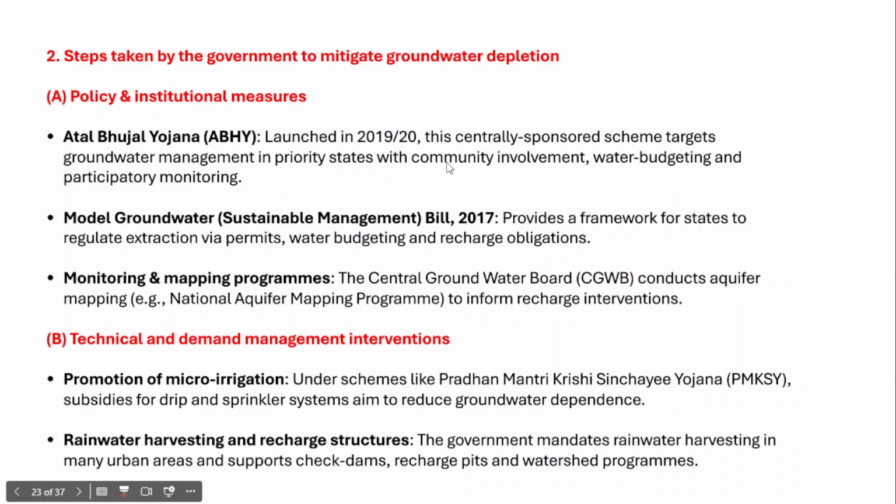So there will be community involvement in the success of Atal Bhujal Yojana, water budgeting will be prepared, and there will be participatory monitoring of the water levels, and therefore it will help recharge the existing aquifers, increasing the groundwater table levels as well. So this is a very important scheme that the government has launched to mitigate the depletion of the groundwater resources.